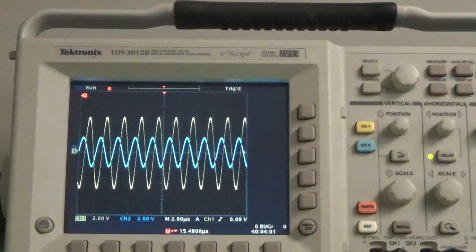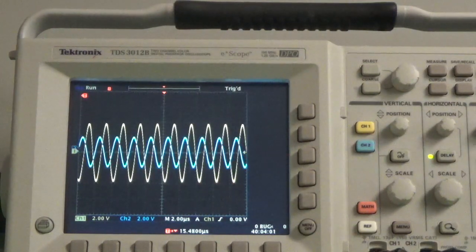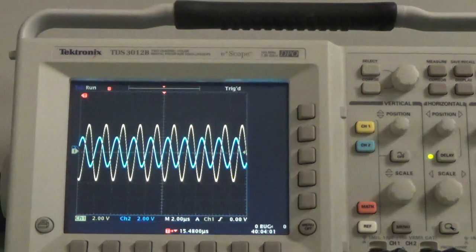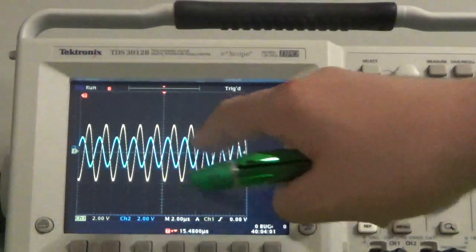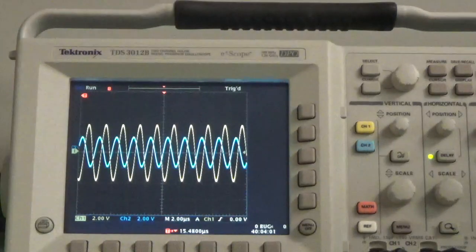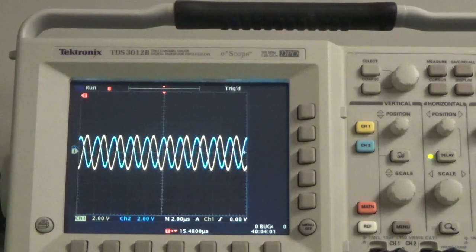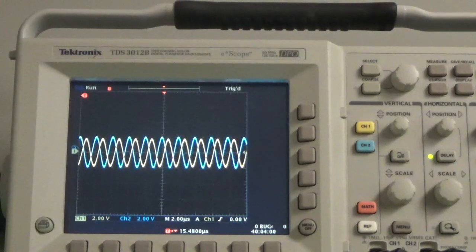Maybe we can do 490, so 490 kilohertz. 490 kilohertz is corresponding to 1, 2, 3, 4. 4 times 2 is 8 volt. And then go to 500.